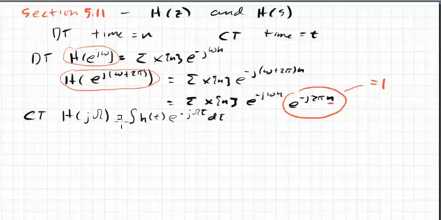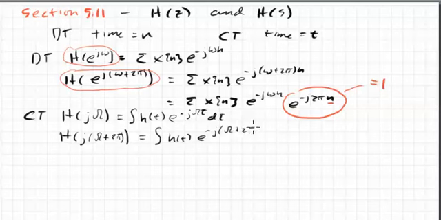So why isn't this periodic? Let's just check. If I replace Ω with Ω + 2π, just like I did before, it seems like we ought to get this periodic result. Let's just plug it in: e^(-j(Ω+2π)t), just like we did before, and now we'll factor it.